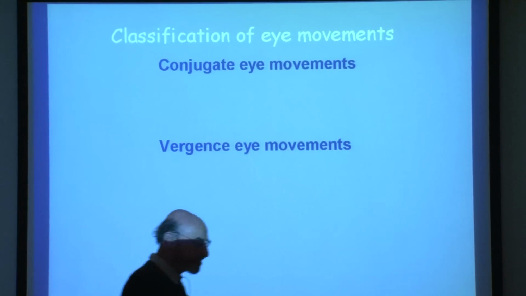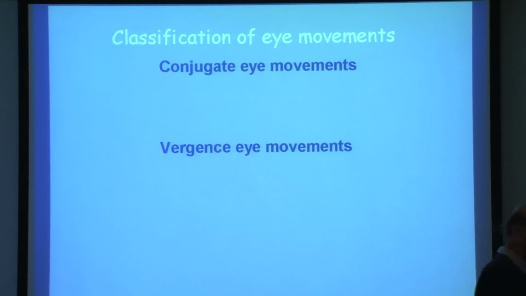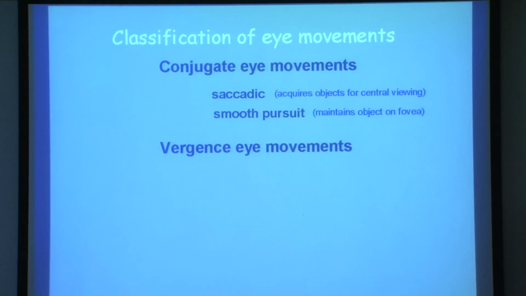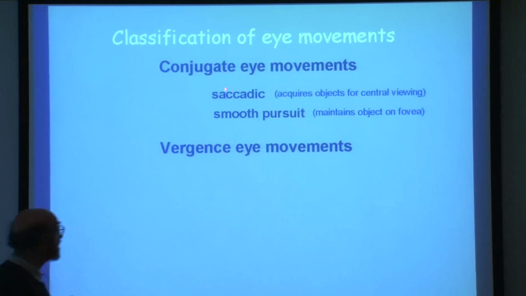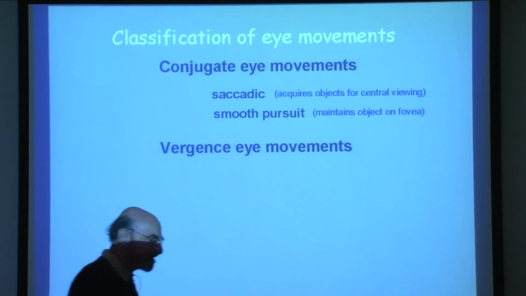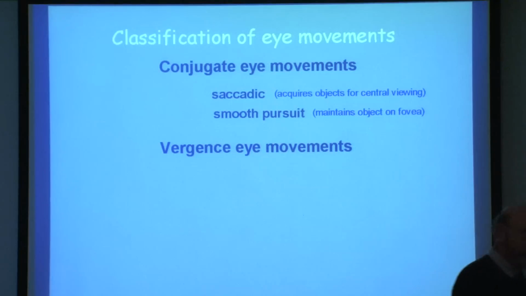And that still has to be done to make sure that the images you see in the world fall upon corresponding regions of the two eyes. Now the conjugate eye movements fall into two basic categories. They're called saccadic eye movements, the ones we had talked about already a bit, and smooth pursuit eye movements that allow us to track objects so that we can keep that object on the fovea.